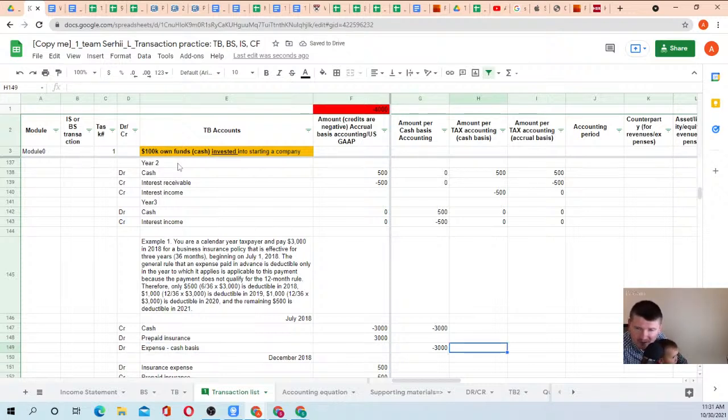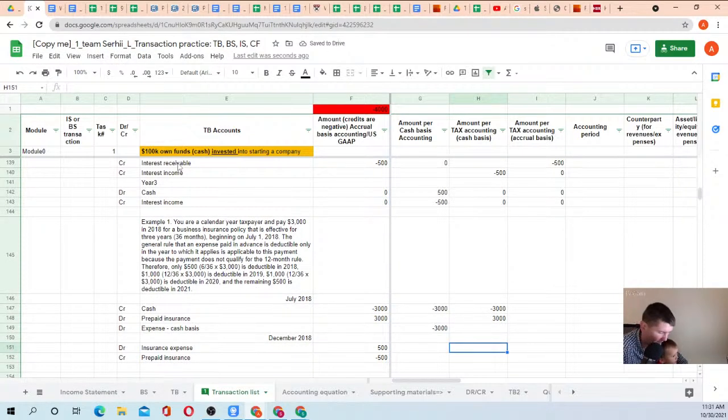Under tax accounting, we still recognize all the prepaids, and we only expense 500 in that year because of the 12 months rule.